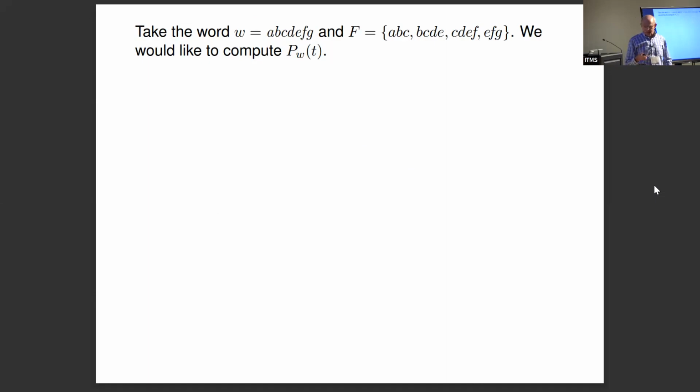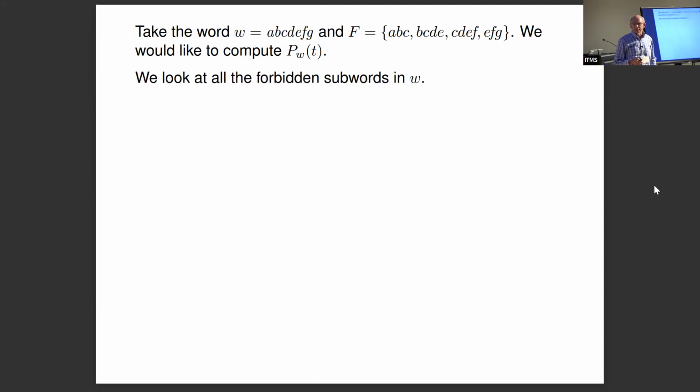So I'll take my forbidden words to be that list, which you see right up there, a bunch of consecutive subwords here. And we want to compute the cluster polynomial for A, B, C, D, E, F, G.